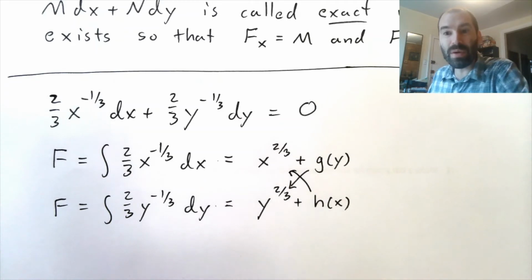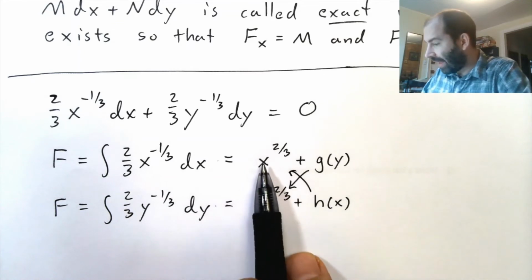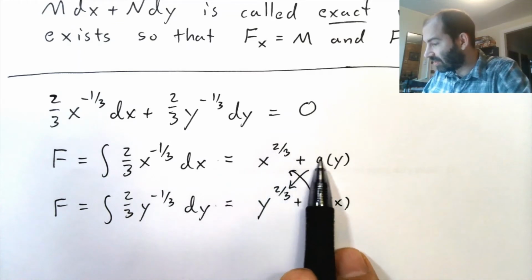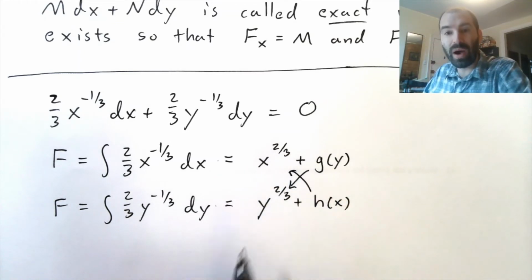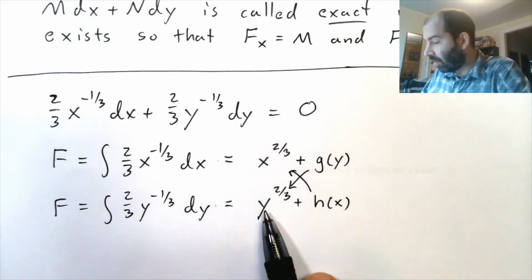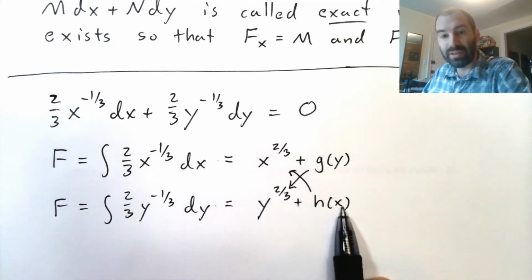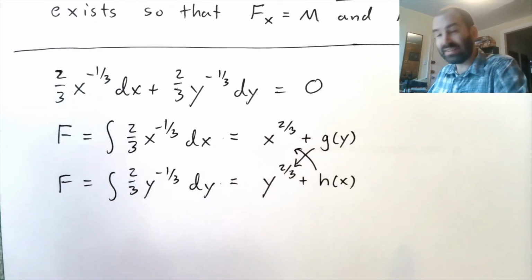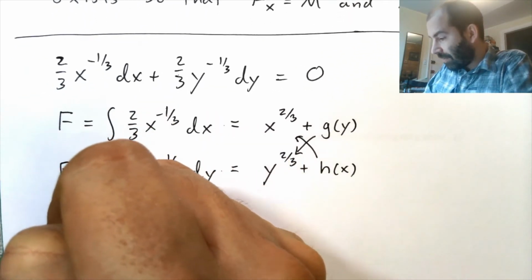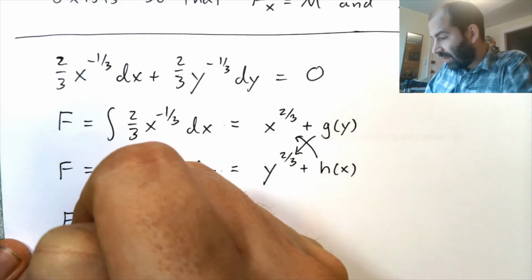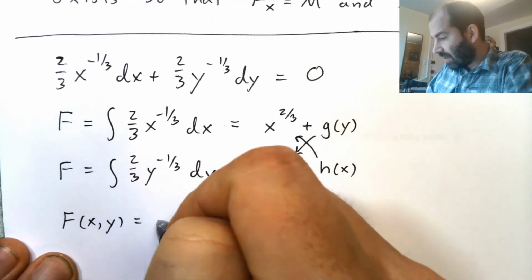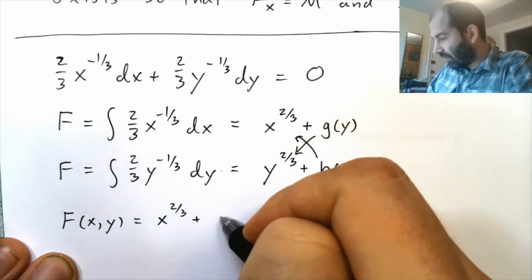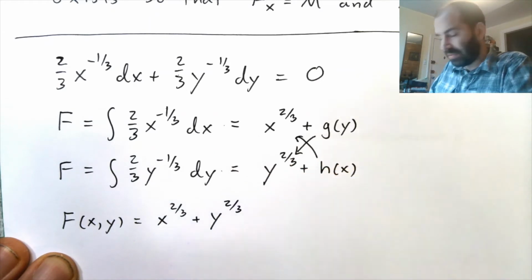And so I can see what my function is. My function has to be x to the 2/3 plus, what's g of y? It's this, y to the 2/3. Or equivalently, y to the 2/3 plus this, which is x to the 2/3. Either way, I see what my function is. My function is x to the 2/3 plus y to the 2/3.